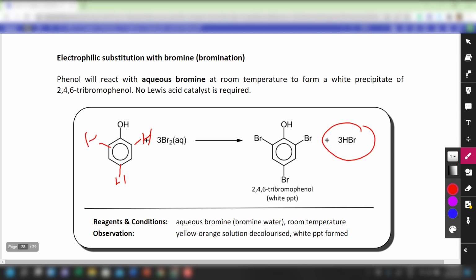So remember the H is being substituted, and because of the pi donating nature of the OH group, I do not need a Lewis acid to generate the electrophile for electrophilic substitution to take place. So you will be able to generate its own electrophile. So no Lewis acid catalyst is needed.